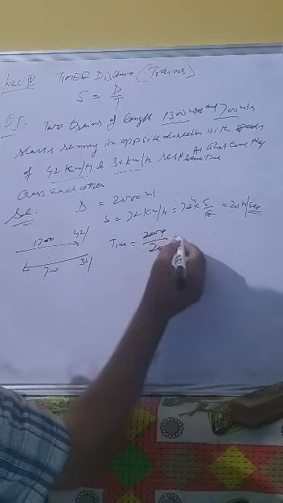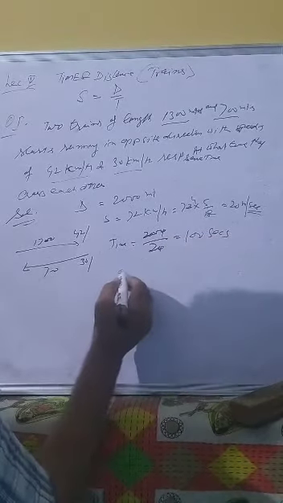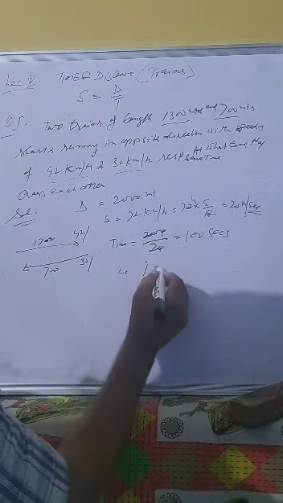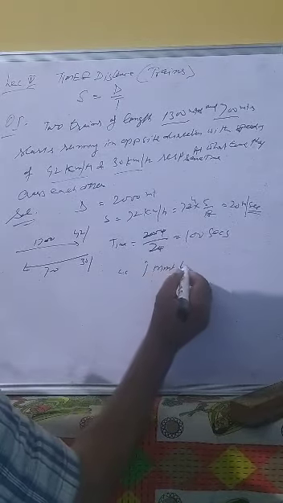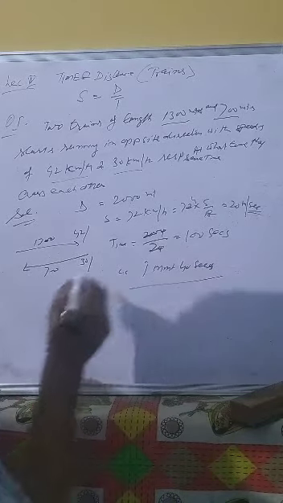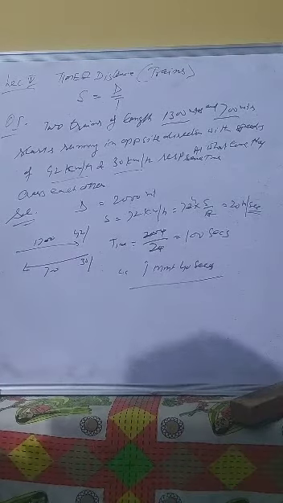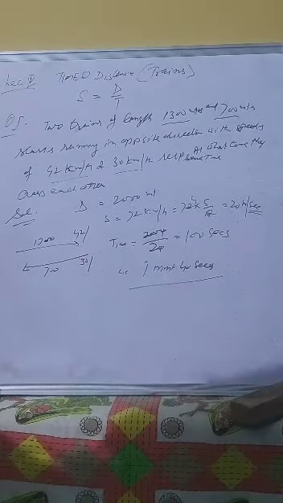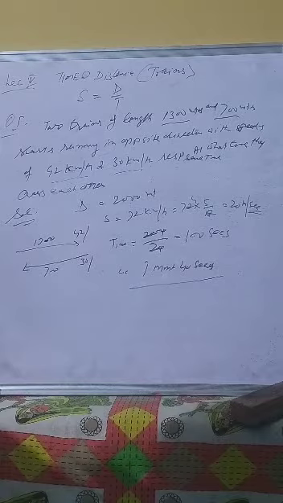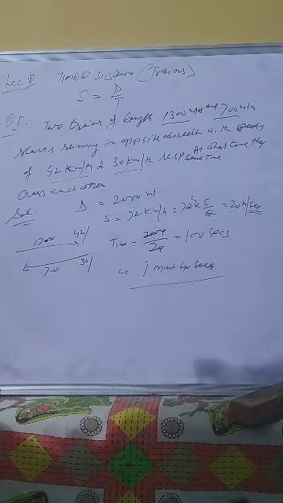On simplifying, we will get 100 seconds. That is 1 minute 40 seconds. After 1 minute 40 seconds, both the trains will cross each other with their respective speeds and the length of the trains. This was the first question.